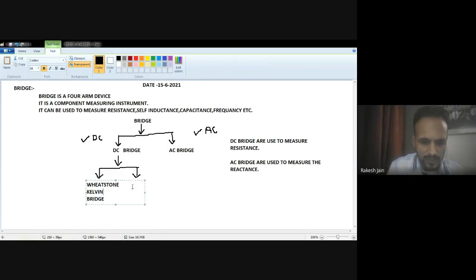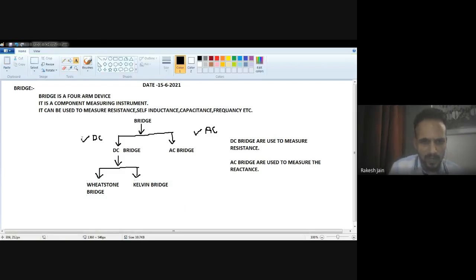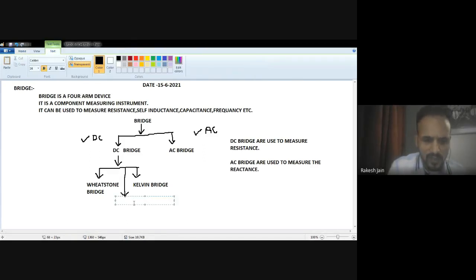So there are basically two bridges, Wheatstone bridge and Kelvin bridge. Apart from these two, one more DC bridge is present, but because that is also used to measure the resistance of an unknown wire, we can write it as the Wheatstone meter bridge.